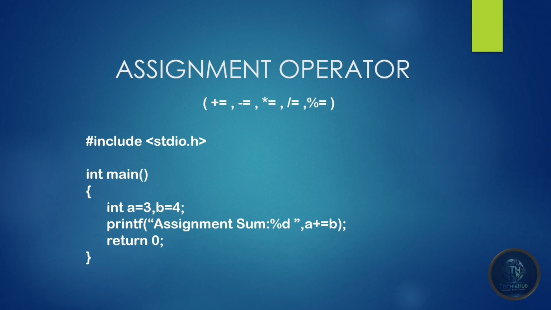So a is equal to a plus b, which means the sum of a and b is stored again into a. So what is the sum of a and b? Here a is equal to 3 and b is equal to 4. So the sum of a and b is 7. So the updated value of a is 7. Now a is equal to 7. Okay. This is the updated value. This is assignment sum.